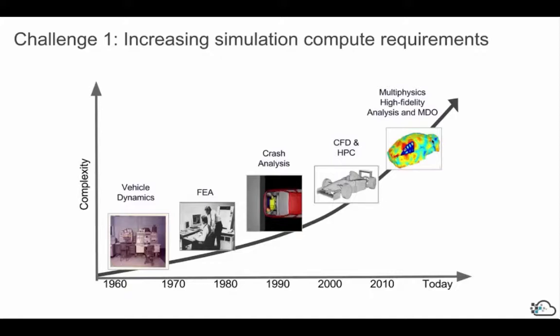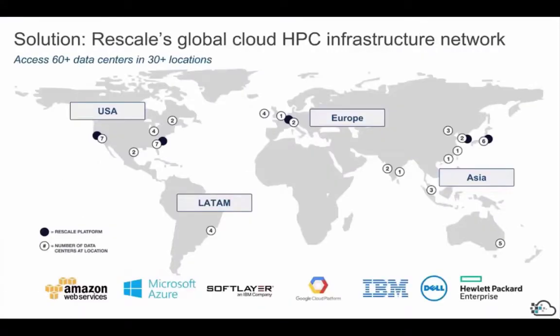With Rescale, you get access to a global network of HPC infrastructure. So you have access to more than 60 data centers in 30-plus locations all around the globe. And one of the important parts of the Rescale ecosystem is that we partner with the best data center providers in the world, such as Amazon Web Services, Microsoft Azure, SoftLayer, etc., to provide you with these computation resources on demand.